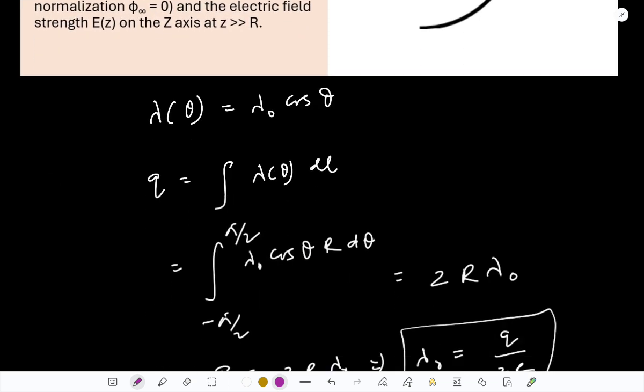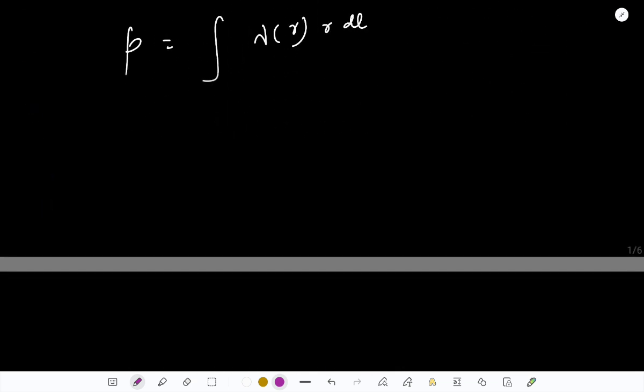So I am calculating P, that is basically Pz. It can be written as the integral of lambda theta, r, and dl, which is r d theta, with limits from minus pi by 2 to pi by 2.